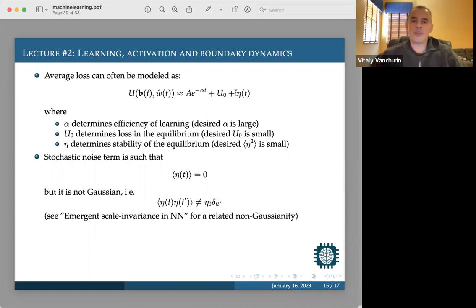Now, the third part is noise, the fluctuations. You may have a situation where you really do have a very large alpha. It learns very fast. You do have a very small U0 and it learns to very small values, but the system is highly unstable. So small perturbations generate huge jumps.